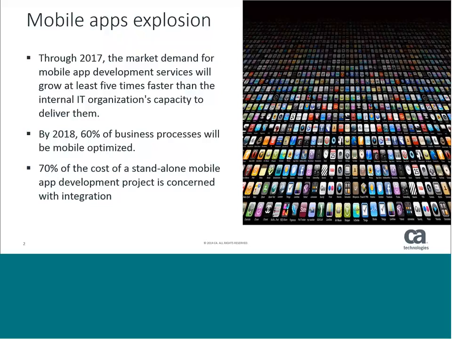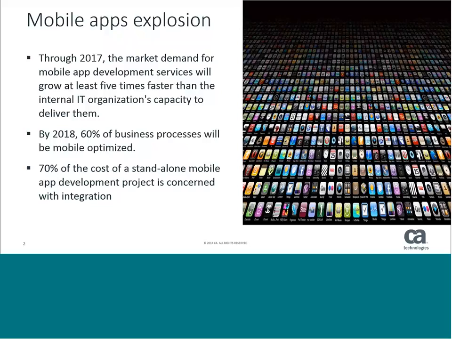There's a huge digital transformation initiative that is going on as well, as we have been hearing. If you are one of those enterprises that is trying to do a digital transformation, well and good, but at the same time, you're also considering optimizing some of your business processes to be mobile enabled as well.